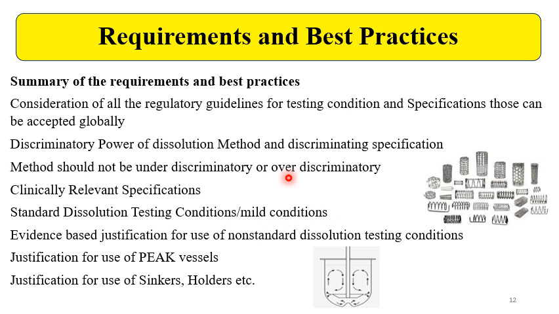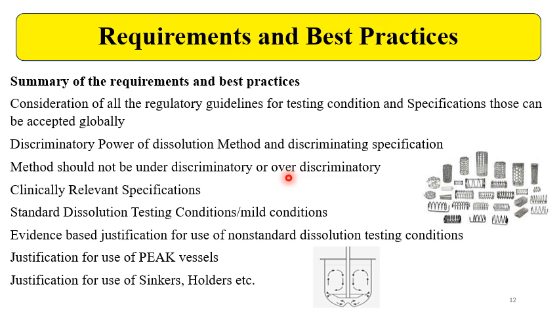Mild condition means, for example, if the USP apparatus 2 paddle is used, that time 50 RPM or 75 RPM or 60 RPM can be considered as mild condition, and 100 RPM of the paddle can be considered as a worst case, or which cannot be accepted.